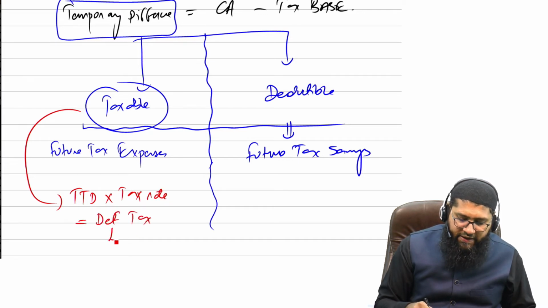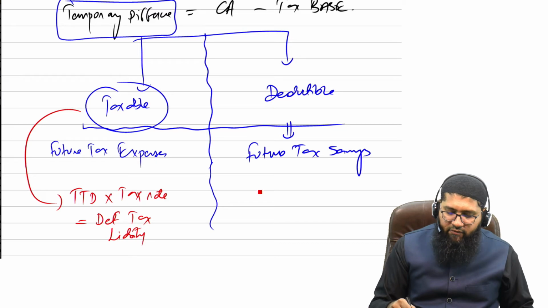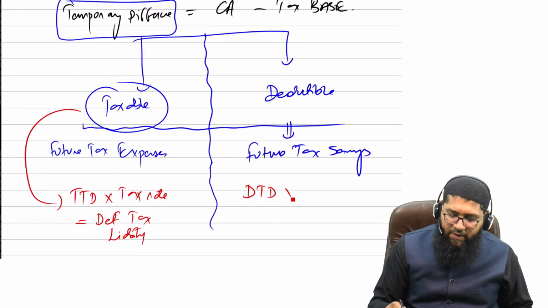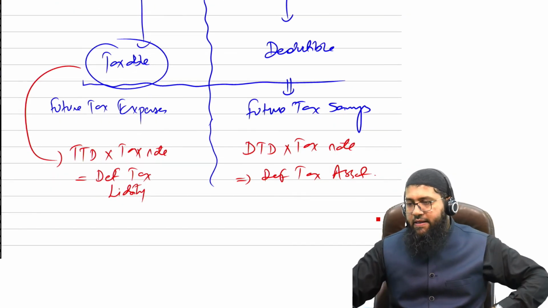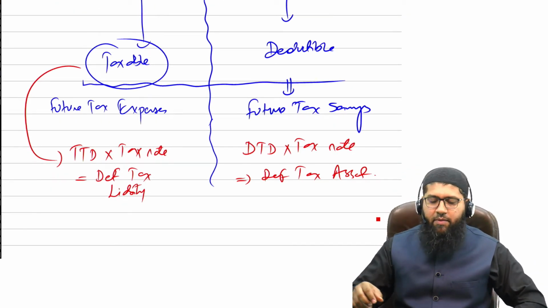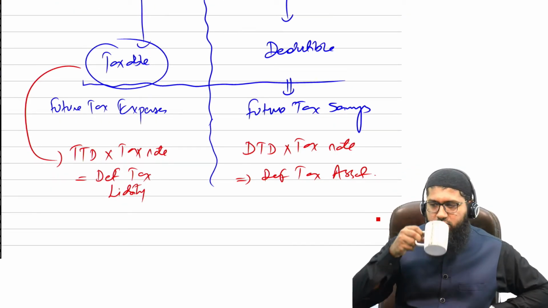And when there are deductible temporary differences multiplied by the tax rate, you end up getting a deferred tax asset. So I repeat, there could be a deferred tax liability, there could be a deferred tax asset.